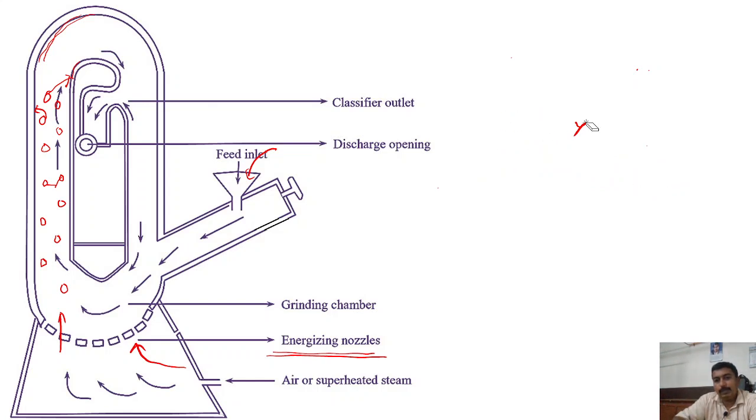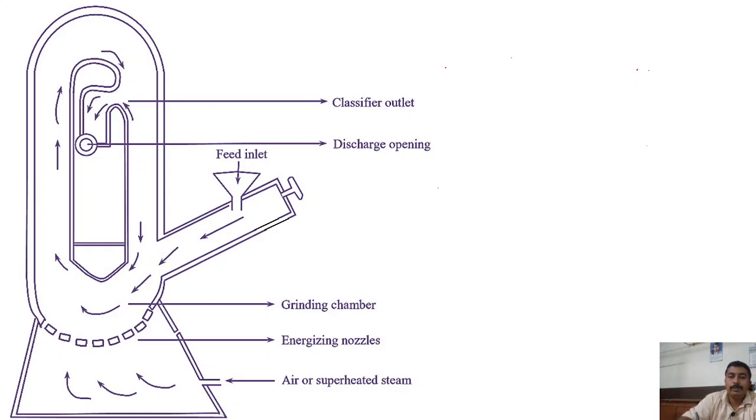Now let's see the construction of the fluid energy mill. You can see in the construction, the fluid energy mill is made up of the hollow pipe. The shape of the pipe is an elliptical loop. Next important thing, it consists of major parts. Which are the major parts?